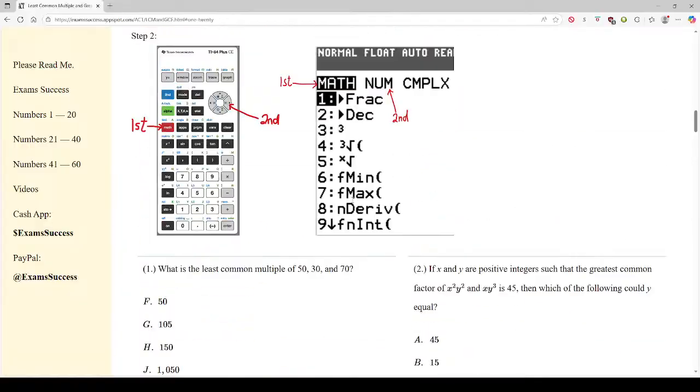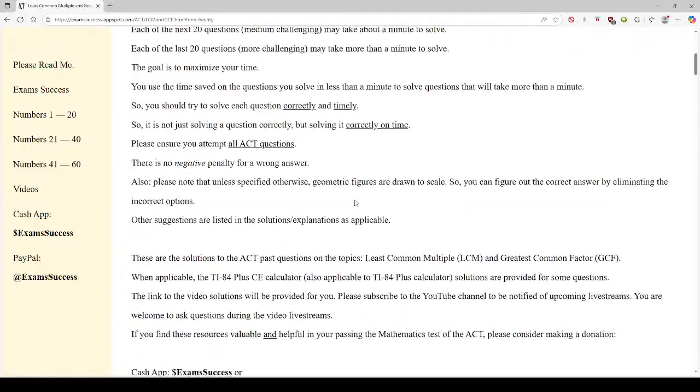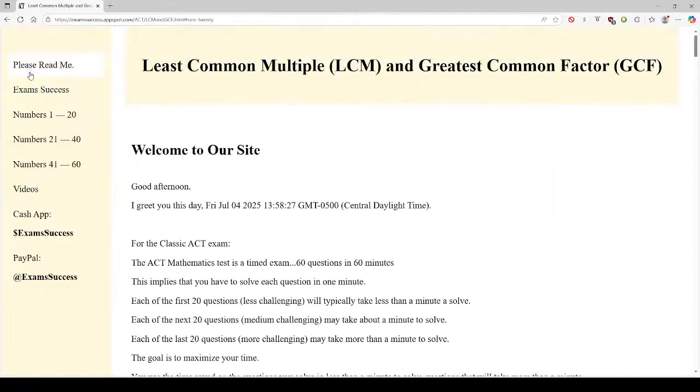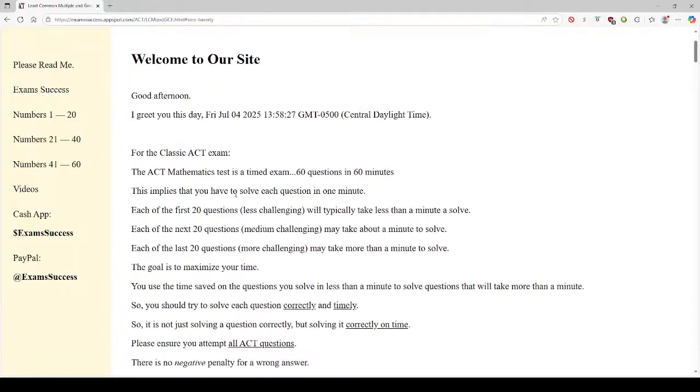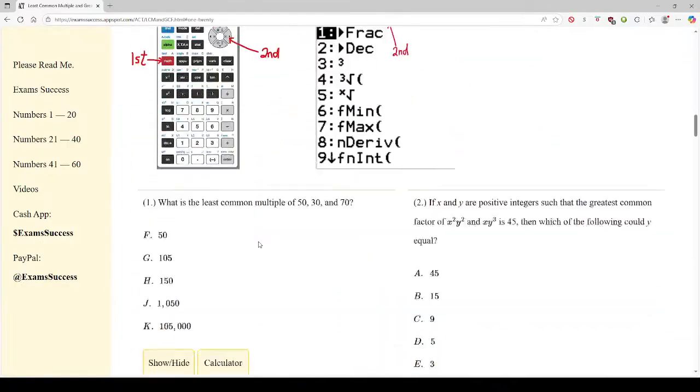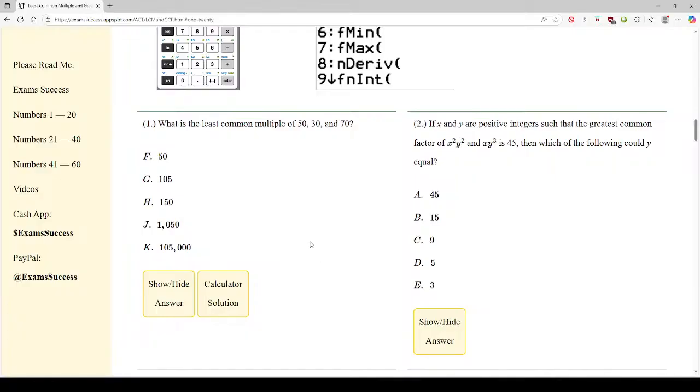Let me quickly talk about this website. If you understand what I'm teaching you, and it helps you, if you understand what I've solved for you, because I take time to solve this, and I'll try to provide video explanations to some of the questions, not all the questions.